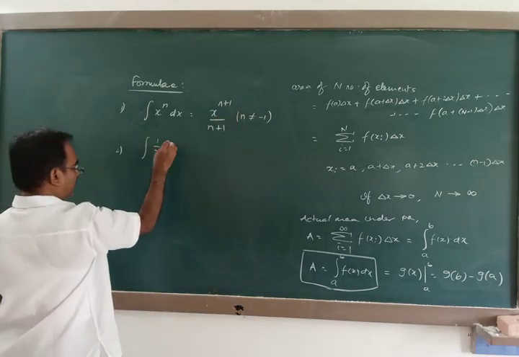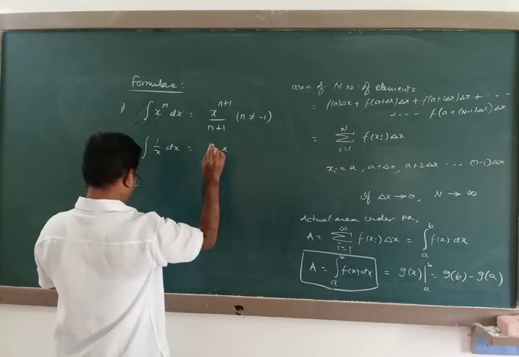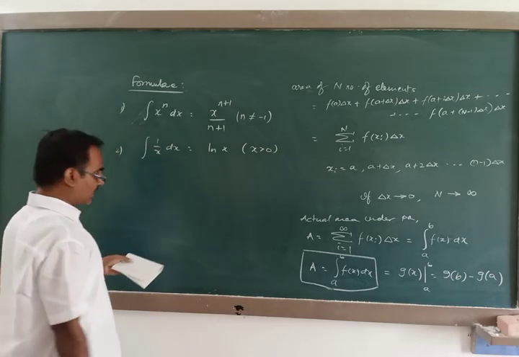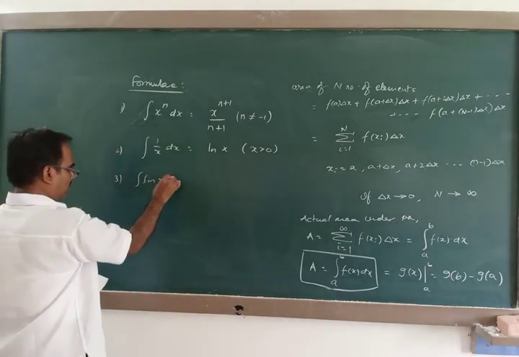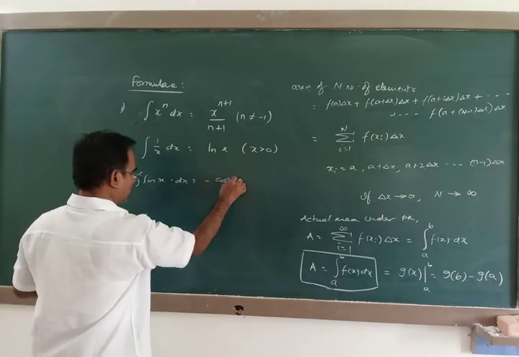Similarly, integral 1 by x dx is log x. This is valid under the condition that x is greater than 0. Next, integral sin x dx becomes minus cos x.